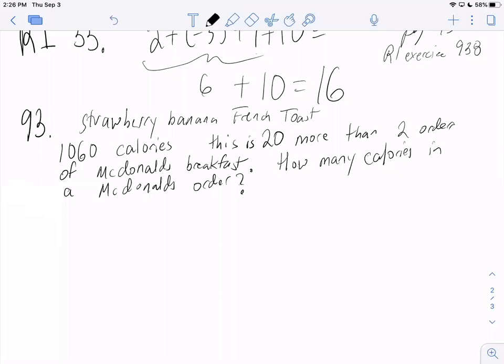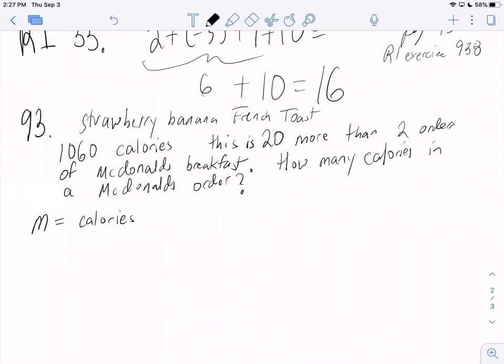Before we set up an equation, this is one step I'm really going to ask from you guys. Just define your variable. So let's say M is the calories. Don't just write McDonald's hotcakes, because later on in certain problems, we're going to deal with multiple quantities that might be related to McDonald's.